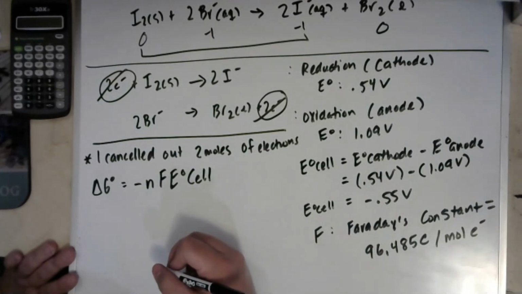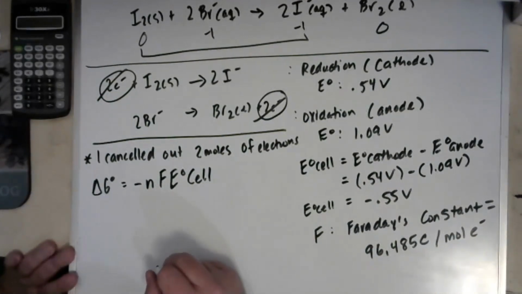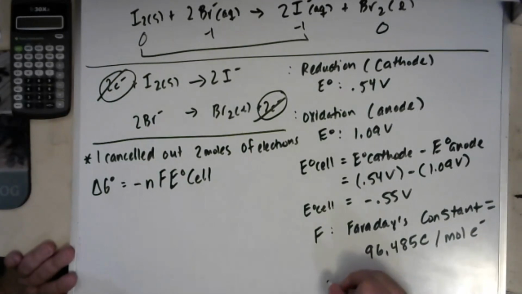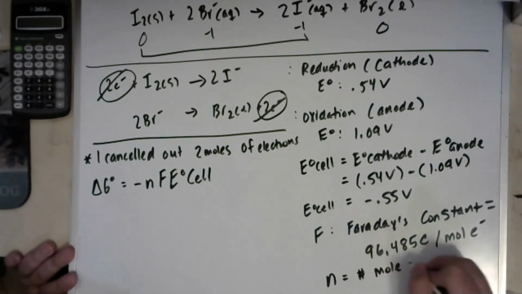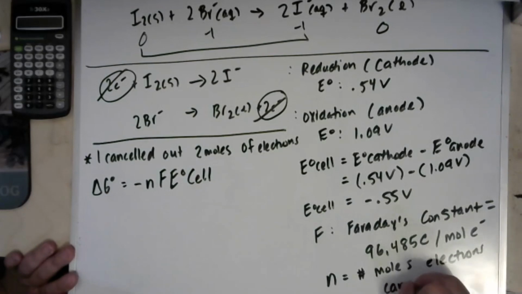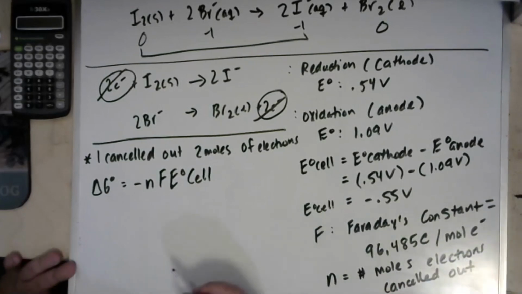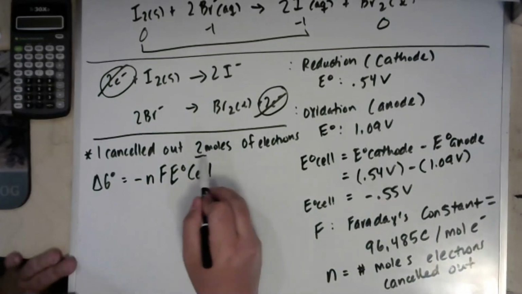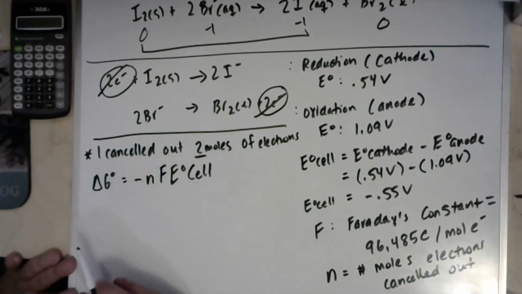And the N value that we're using here is the number of moles of electrons canceled out. In this case, our N value is going to equal 2 because we canceled out 2 moles of electrons.